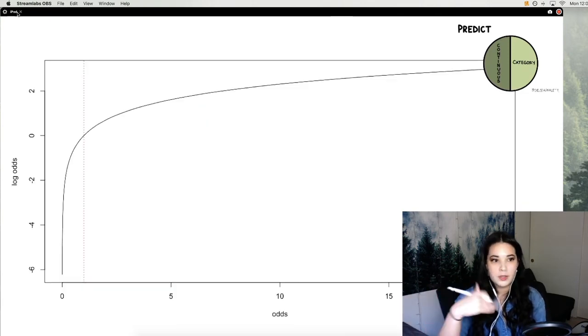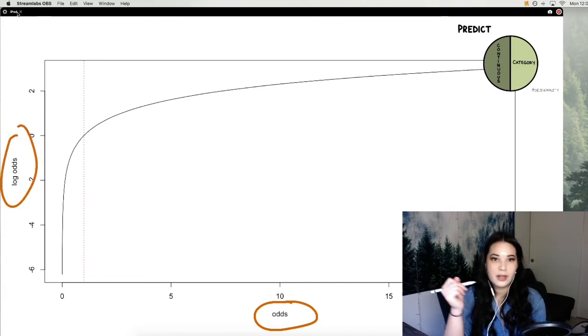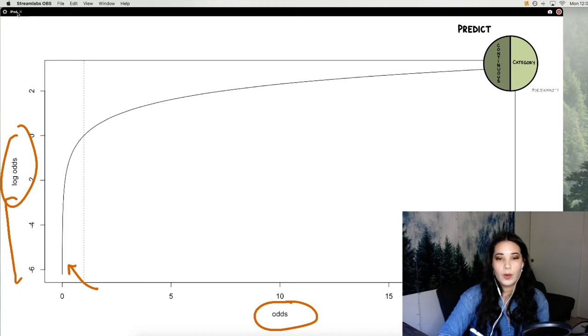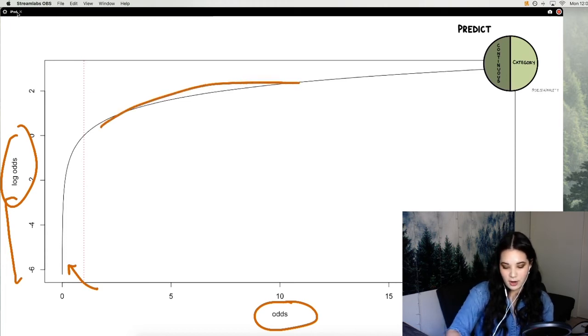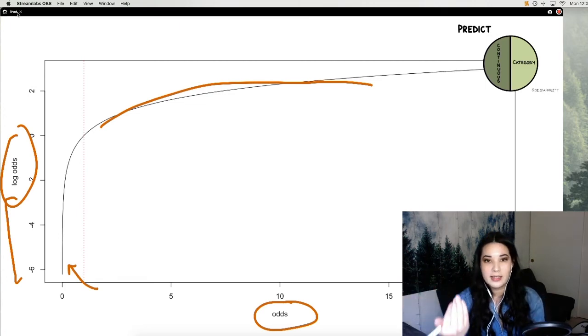Really quickly, I just want to go over the relationship between odds and log odds. On the screen, you can see odds are down here and log odds are up here. For odds that are very close to 0, we're going to get negative log odds, whereas when odds are larger, pretty much from here to infinity, we're going to get positive log odds.